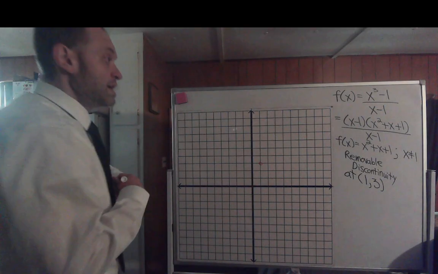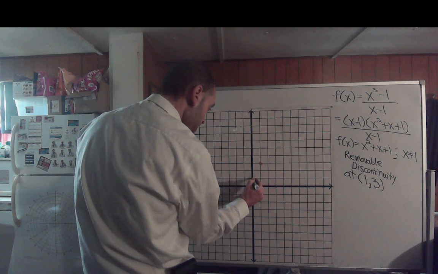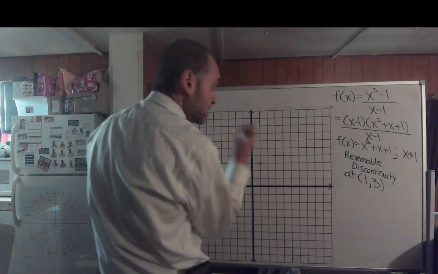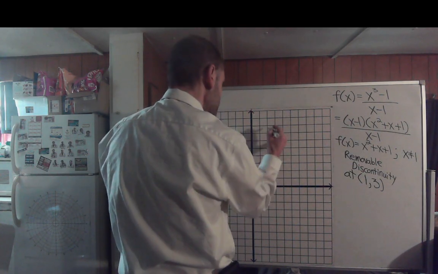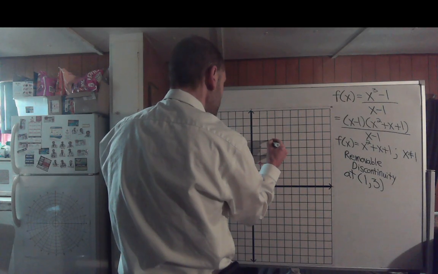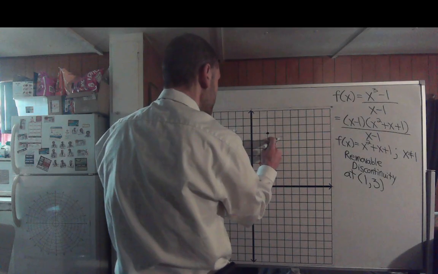So if I put in 0, I would get the ordered pair (0, 1). If I put in 2, so 2 squared is 4, plus 2 is 6, plus 1 is 7, will be all the way up here at (2, 7).